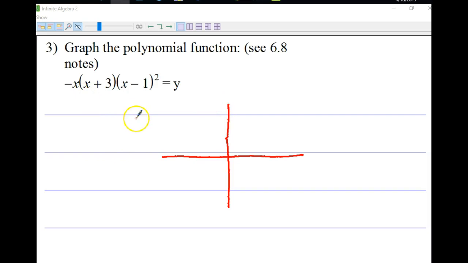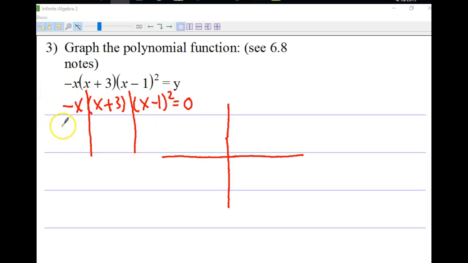Well, where it touches the x-axis, that's when y equals 0. Right? And so what we're going to do then is we're going to set each one of these factors equal to 0, and we're going to solve. So negative x equals 0, x plus 3 equals 0, and x minus 1 squared equals 0.